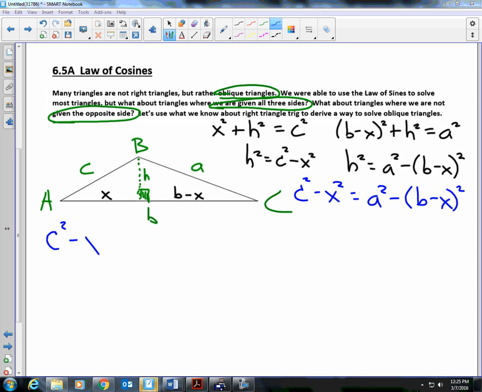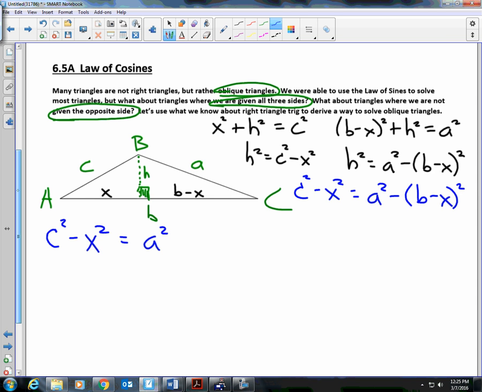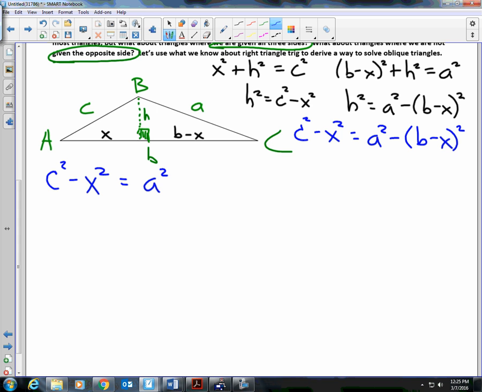C squared minus x squared is equal to a squared minus the quantity b minus x squared. Now I have to multiply that out. Ooh, that looks scary. What do you think? Will it be a positive b squared or a negative b squared? Negative b squared. What's in the middle? 2bx. Have to double the middle. And then on the end, will it be positive or negative?